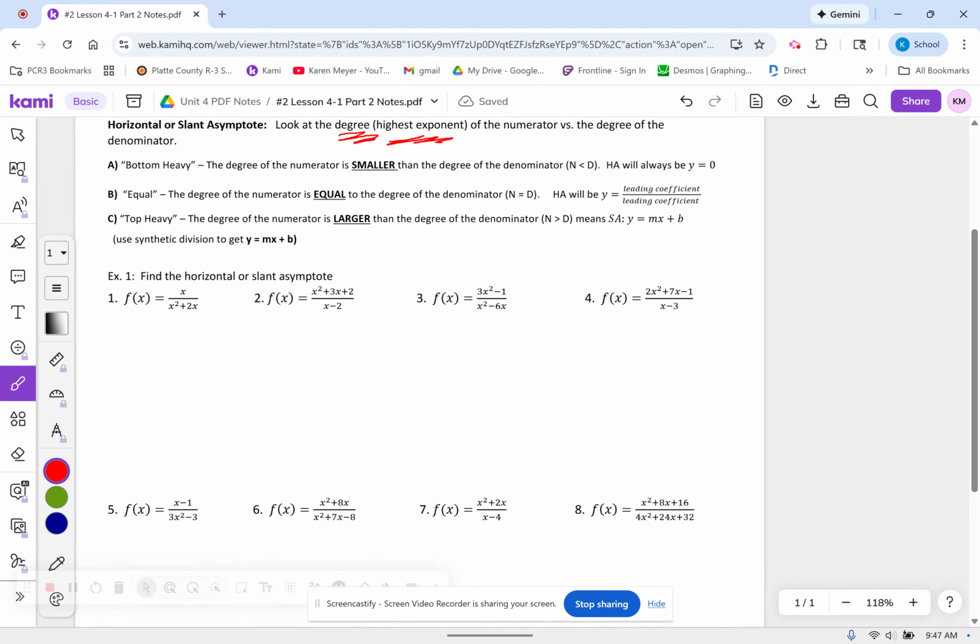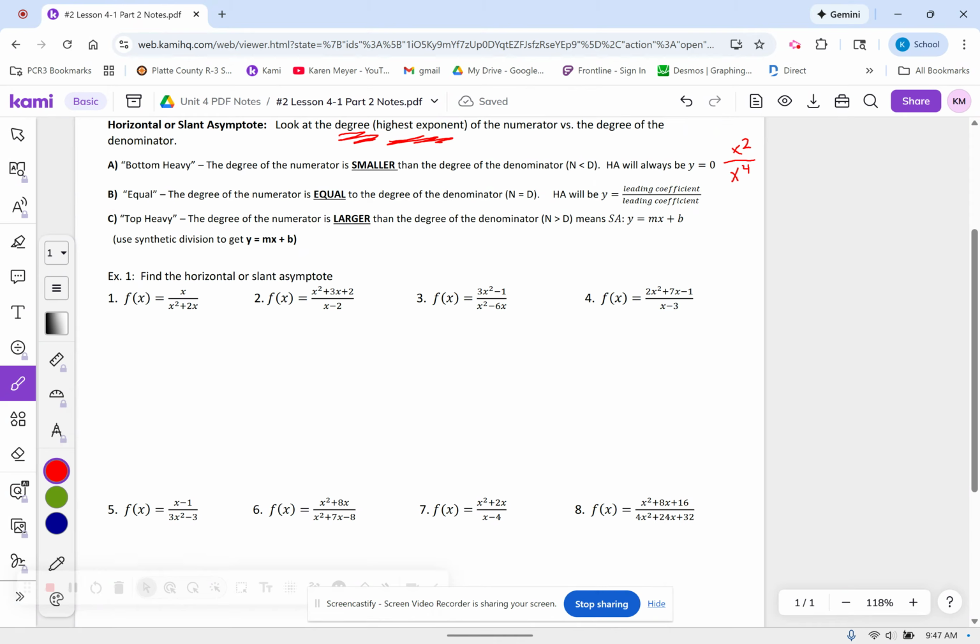For example, I'm not going to give you the big, long, entire rational function. I'm just going to focus on the very first term. If I gave you x squared over x to the fourth, then you would say, the highest exponent on top is 2.